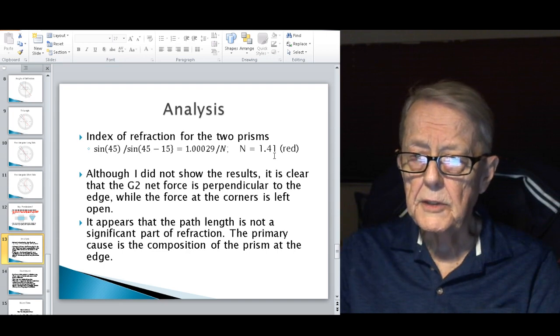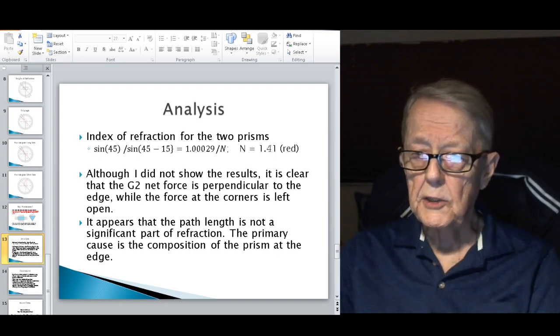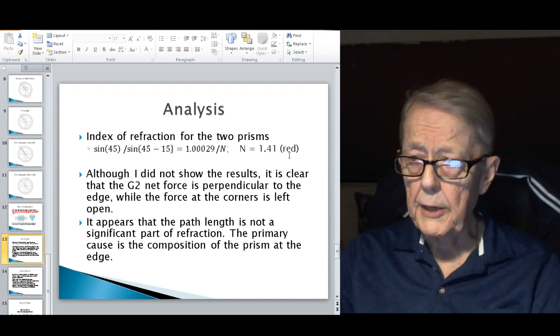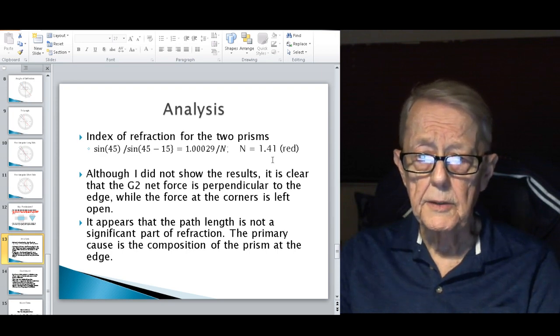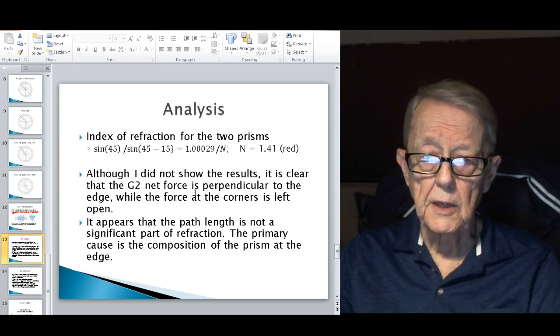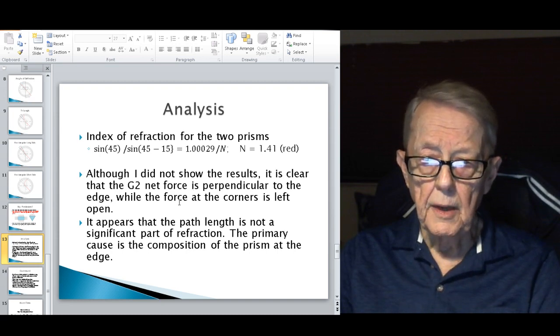On the scales that you look at, this is quite low, probably in the acrylic range, and of course it's red. I used red light. And so that has an impact on what that actual number is, but that's what you would get.